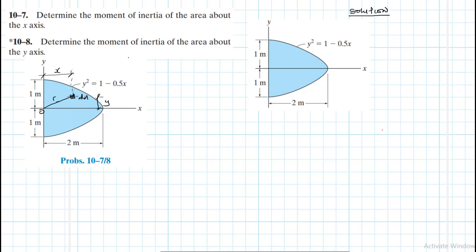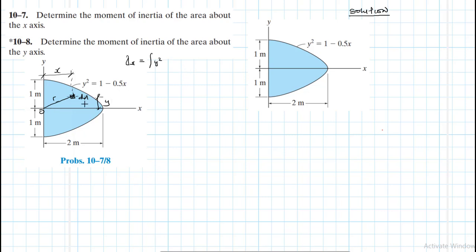Mathematically, moment of inertia about the x-axis is Ix equal to the integral of y squared dA, the squared distance, since we are saying this is the second moment of area. We're taking the moment about an axis of an area twice.